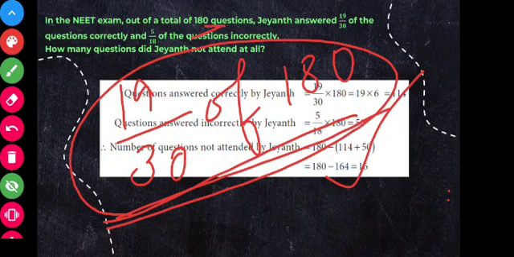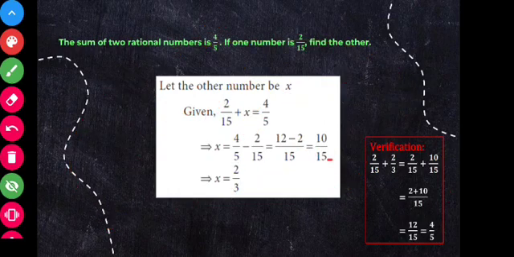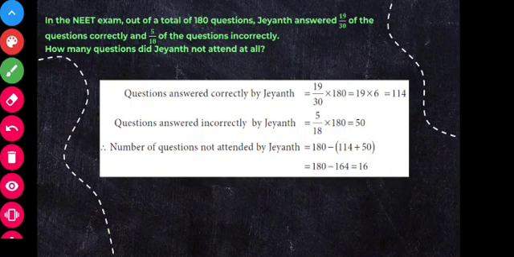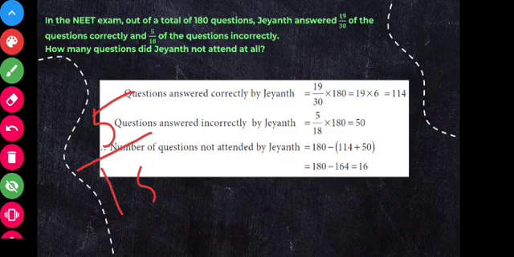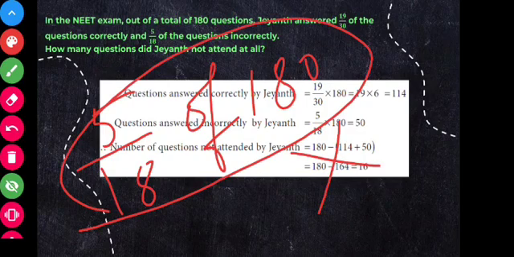Okay, and the same way he has attended 5 by 18th of the 180 questions incorrectly. So all the 5 by 18th part of 180 questions becomes incorrect. Okay, so what we have to find is how many questions he did not attend.